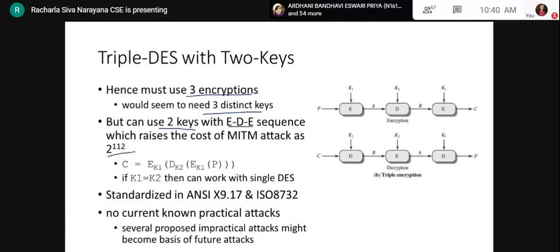Previously, the man in the middle attack needed order of 2 power 56, but here it needs order of 2 power 112. To reduce the number of keys, we perform encryption, decryption, encryption, whereas previously we performed encryption and encryption.